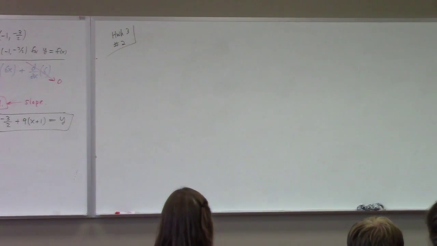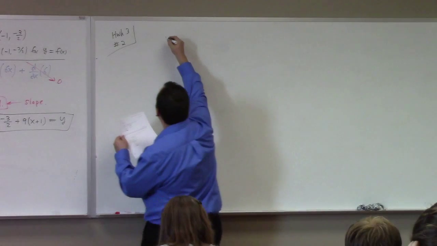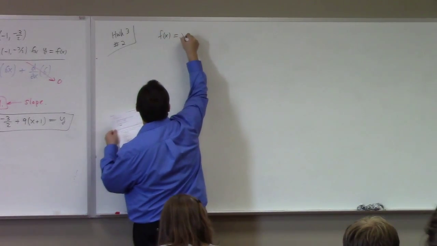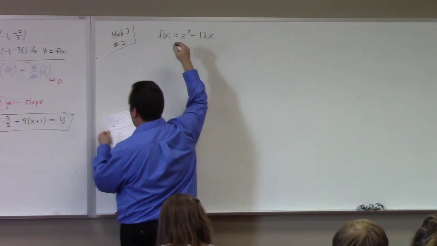Sounds like you kind of half knew what's going on, so you would probably benefit from me working on your numbers. So which one do you have? F of x equals what? X squared minus 12x. And you're supposed to find the average rate of change.